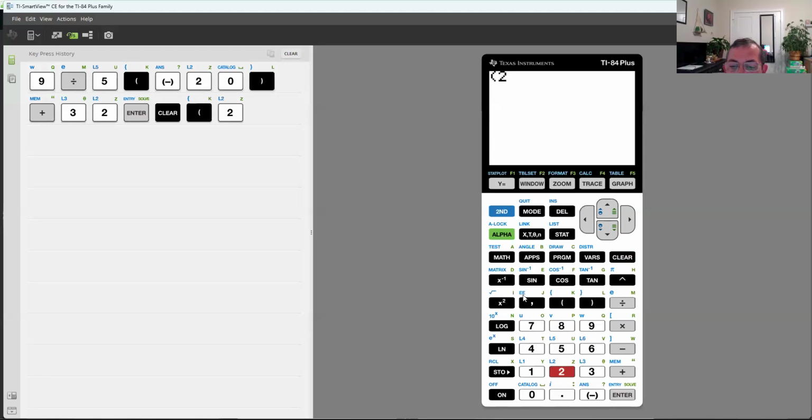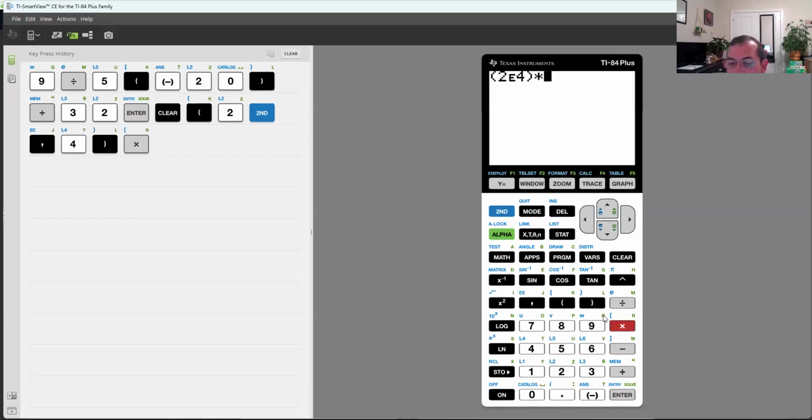Right above that comma, you see a blue EE. This is sort of my scientific notation. So I'm going to hit the second comma, and I'm going to put in my 4. That E stands for times 10, okay? So this is really 2 times 10 to the 4th.